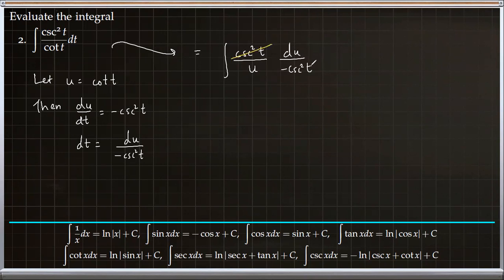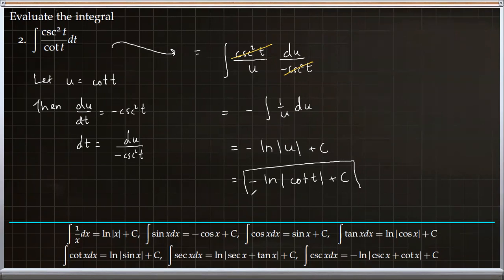Now we can cancel out cosecant square of t. That will give us negative 1 over u du. And we know the integral of 1 over u is simply the natural log of the absolute value of u plus a constant. Finally, we can put the expression for u back. So we get negative natural log of the absolute value of cotangent of t, plus a constant. This is the antiderivative of this function.